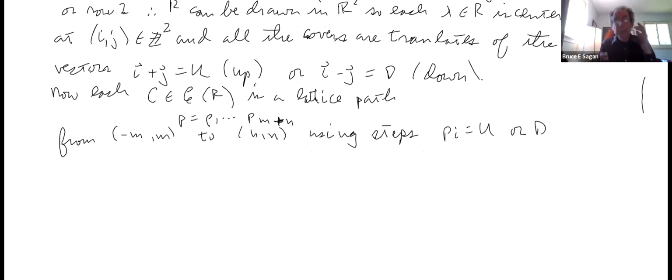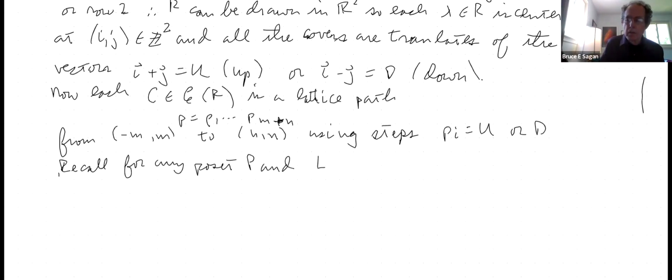Now we have to think of how the toggles work on this lattice path. We're going to translate toggles to this. So recall, what do the toggles do ordinarily? For any poset P and linear extension, we've seen this a number of times this morning.